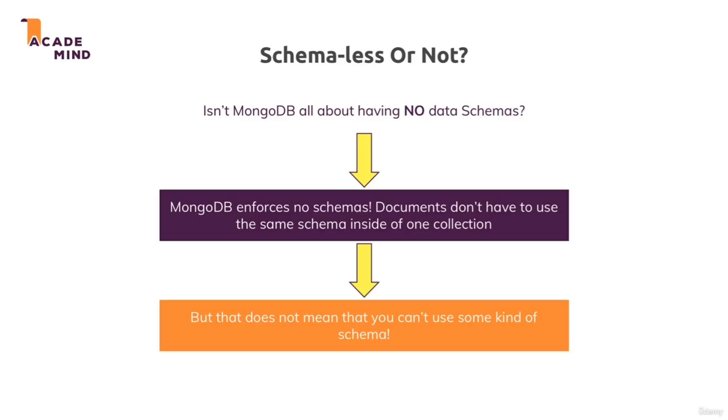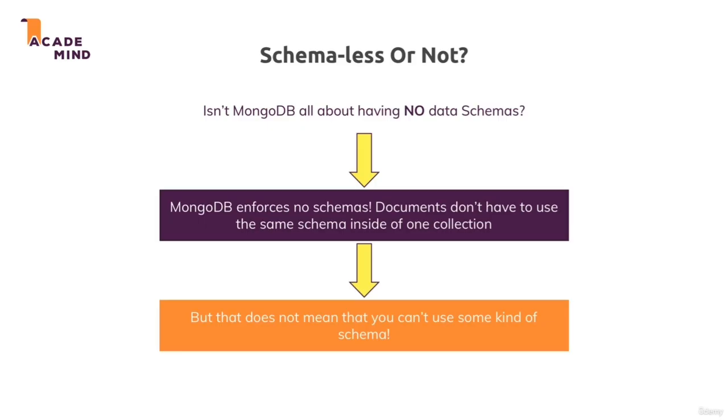Because if you then write some application code, let's say in PHP or in Node.js, and you retrieve your data from your database, you obviously want to cycle through that data and output it into a view which you render to the user. And to cycle through your data and access your data, you need to know in which field which data is stored. So you will most likely have some kind of schema because you as a developer want it, because your application needs it.